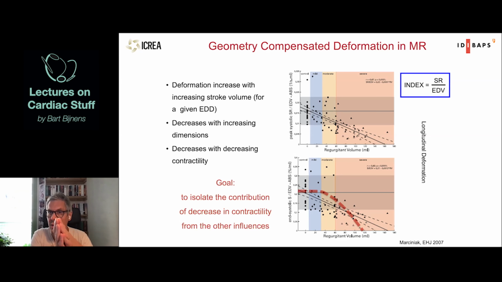Because what I showed is that there seems to be a discrepancy at some point with the very dilated ones in deformation, where a subgroup has low deformation and a subgroup has high deformation. So at some point we said, okay, let's do an index where we do a geometry compensated deformation.